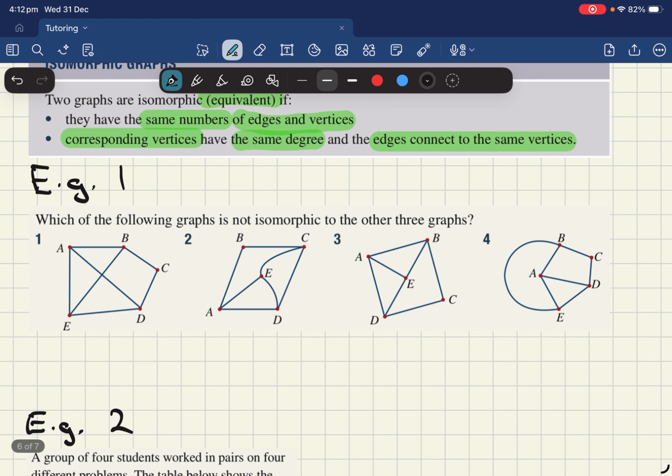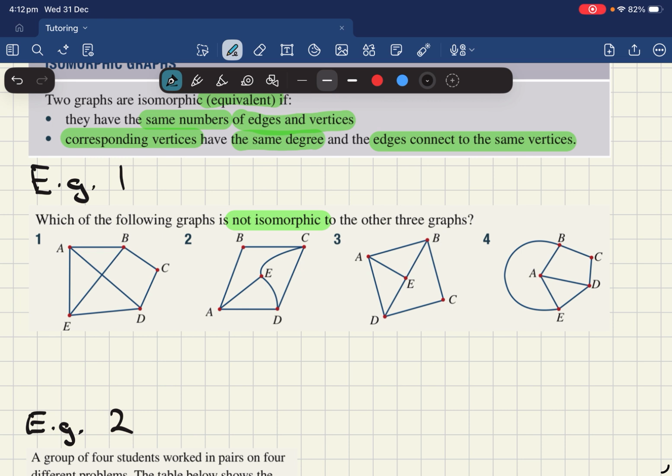Now, just to practice this, we're going to look at this example, which is saying which of the following graphs is not isomorphic to the other three graphs. So we're essentially just saying which one is unlike the others. Now, what we're going to do, we are first just going to see if we have the same number of vertices. Now, all of these have A, B, C, D, and E. That's cool.